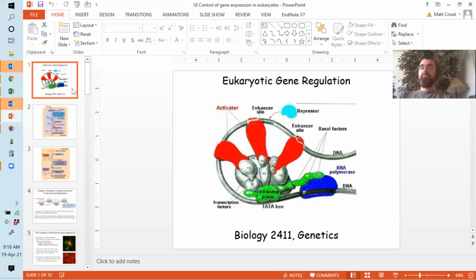And also, each of those levels has knock-on ramifications. So you can control gene expression, or the production of a functional protein, at a really zoomed-out level. In terms of, okay, I'm going to shut down whole swathes of the genome.